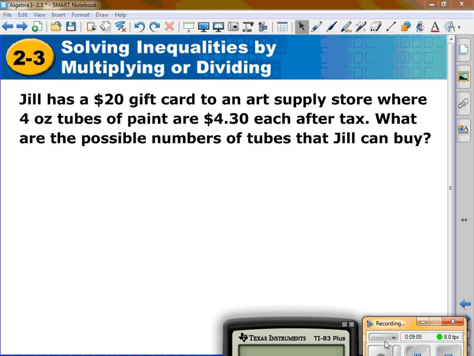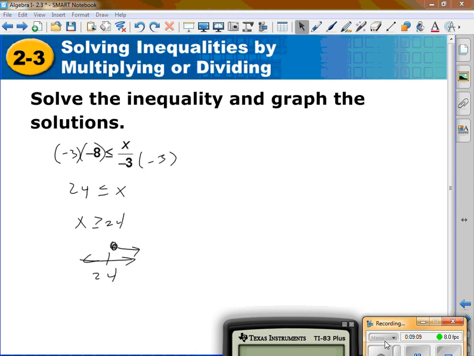See, now here's the word problems. Oh, sorry. We switched the sign. The reason why I switched the sign, I just automatically do it. It's a habit. You switch the sign because whenever you multiply or divide by a negative, you flip the symbol.